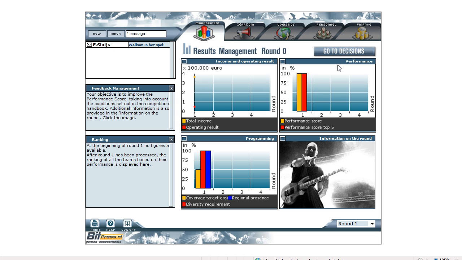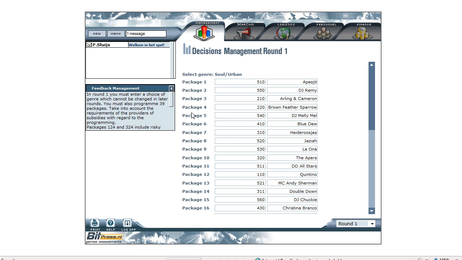After choosing the name of your Poppodium and the genre, for instance pop rock or jazz, you can start making a planning of the quarter and the packages for every evening.